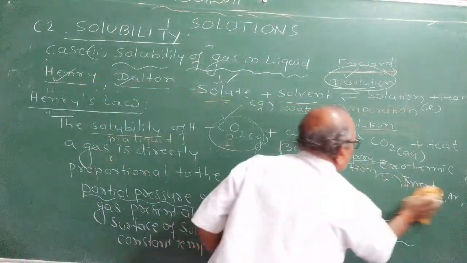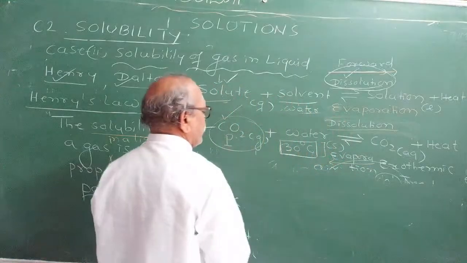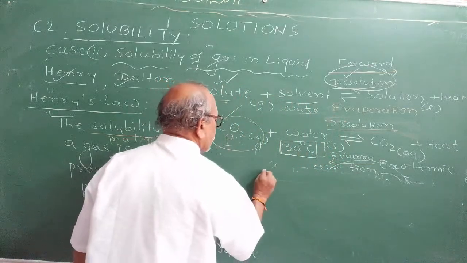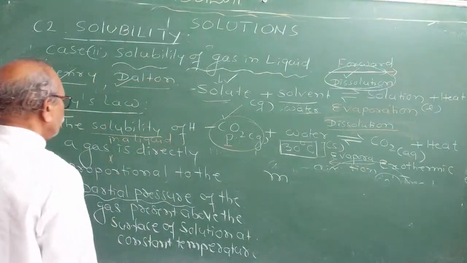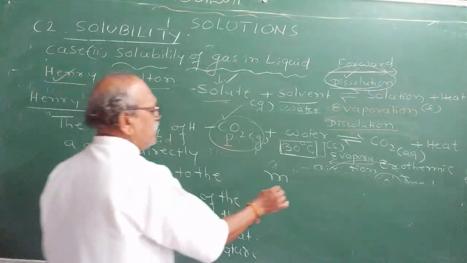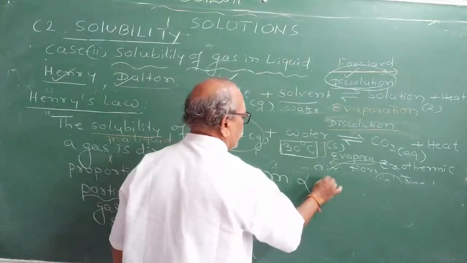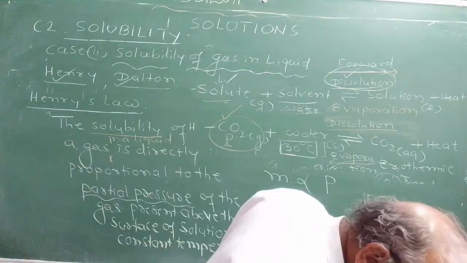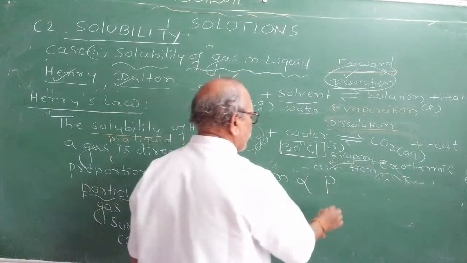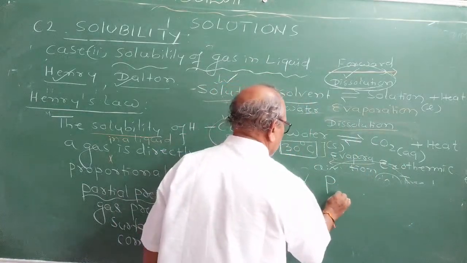Mathematically, you can put this theory as: the mass of the solute dissolved in aqueous solution is directly proportional to the partial pressure of the gas, say oxygen gas.